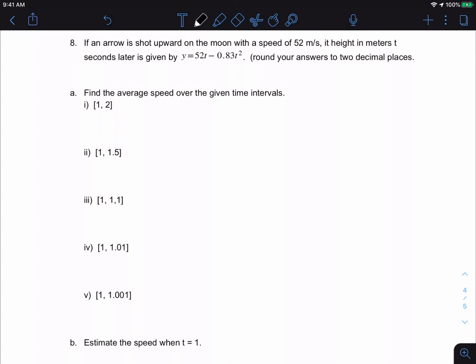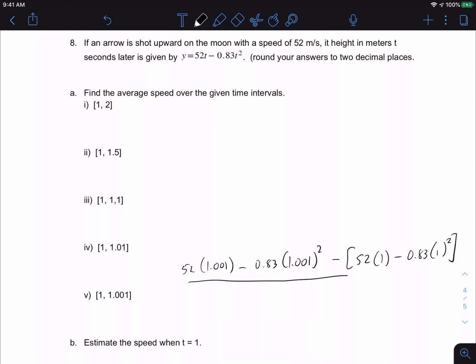So remember, it's an interval. So I'm going to go 52 times 1.001 minus 0.83 times 1.001 squared, minus 52 times 1 minus 0.83 times 1 squared, all over 1.001 minus 1.